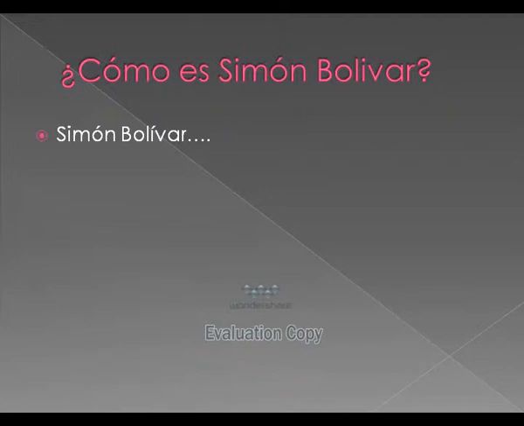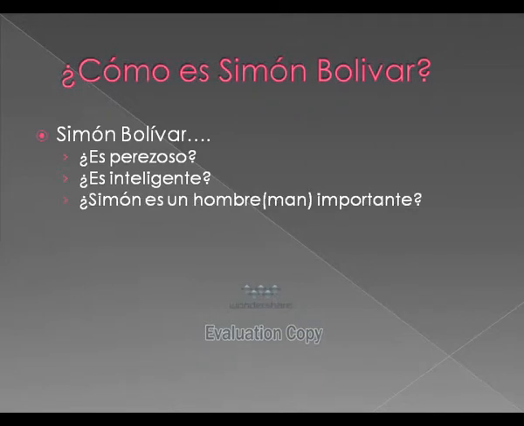¿Cómo es Simón Bolívar? ¿Sí o no? ¿Simón Bolívar es perezoso? ¿Él es perezoso? ¿Sí o no? ¿Él es inteligente? ¿Simón es inteligente? ¿Sí o no? ¿Simón es un hombre? Man. A man. ¿Importante? Look at that word.